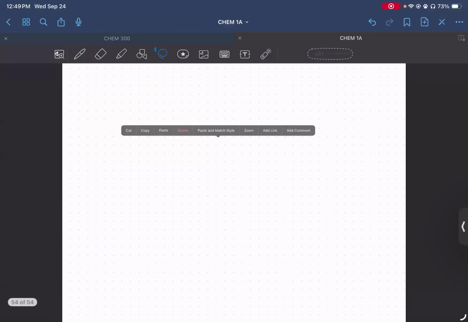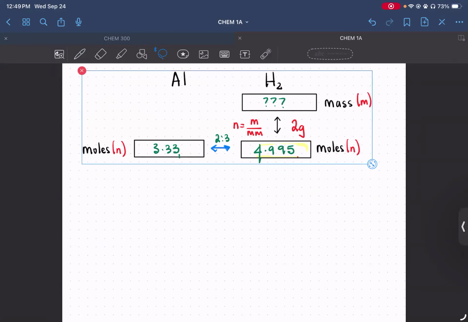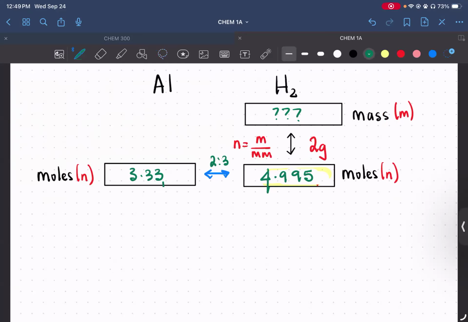And we're not done just yet, because we need to know the mass of the hydrogen. So step 2 is going from moles to mass. We know the formula we'll be using is n is equal to m over MM.